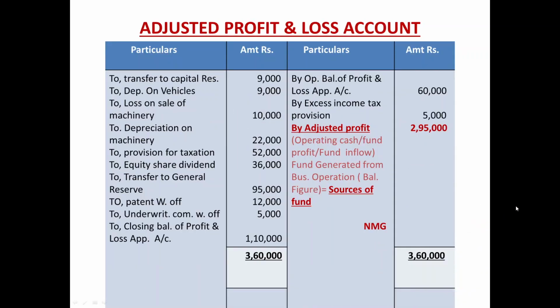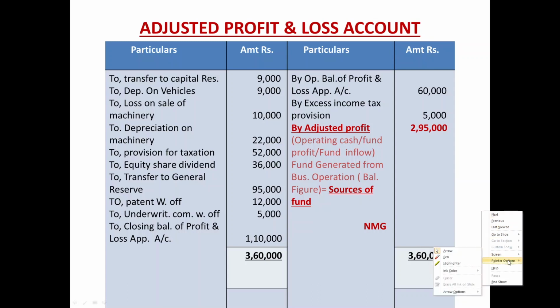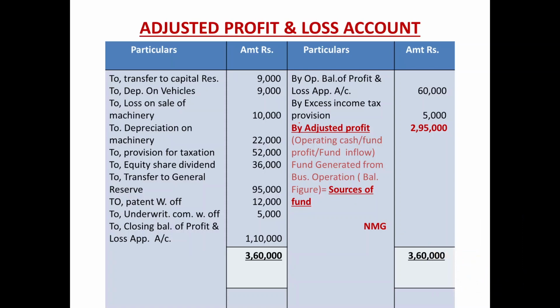Now in the adjusted profit and loss account, transfer to capital reserve 9,000 on the left hand side, the plus side.